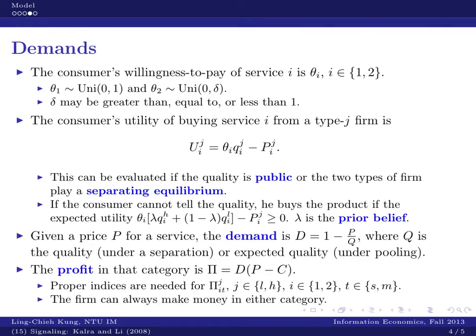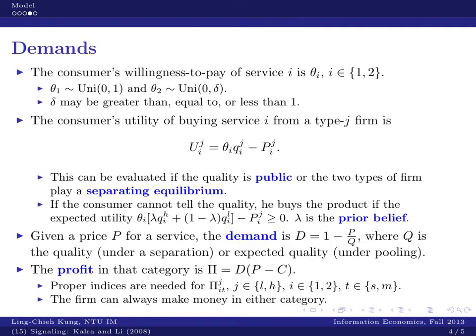So with all this in mind, if I have a price, then I can calculate the demand, and D will be just 1 minus P divided by Q, where Q may be either the quality under a separation or the expected quality under pooling. But in any way, why do I get this?